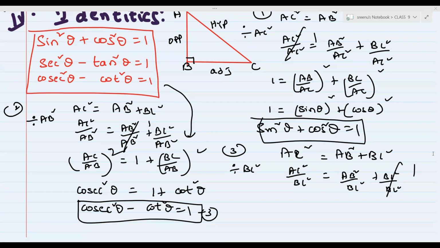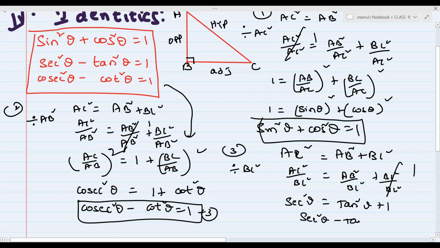So you have to get secant square minus tan square. AC by BC is secant, is equal to tan square plus 1. So just bring it to the left side: secant square minus tan square is equal to 1.